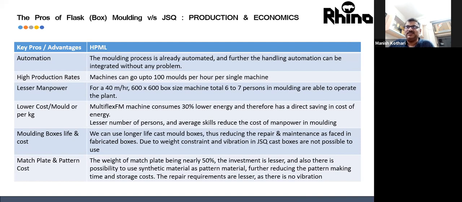I am putting more weight which it has to jolt. Whereas in a hydraulic machine, where the force is 30 tons, 450 kg is nothing. So we are not able to invest in higher quality, higher strength boxes in a Jolt Squeeze machine because of the process limitations.